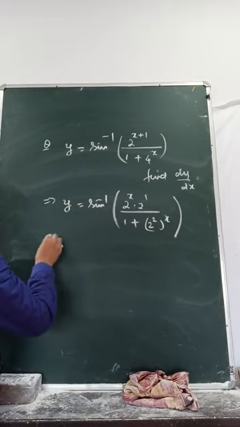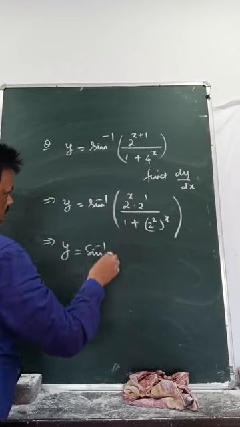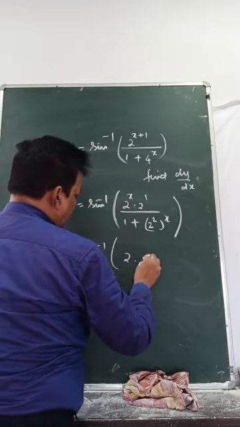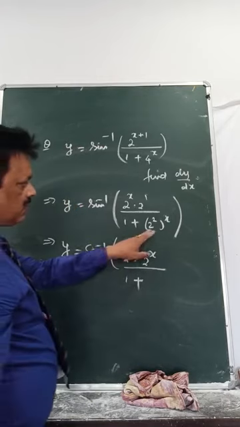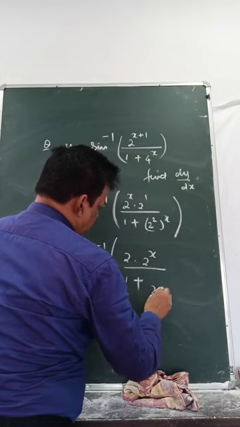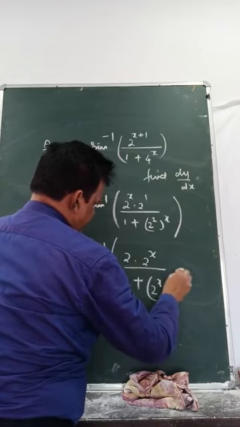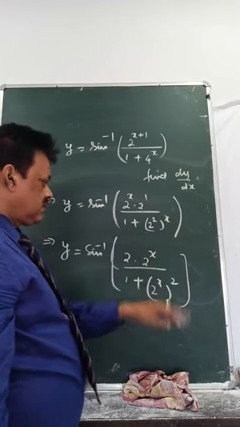Now y is sin inverse 2 into 2 to the power x by 1 plus, power can be interchanged, 2 to the power x. I can interchange the index.